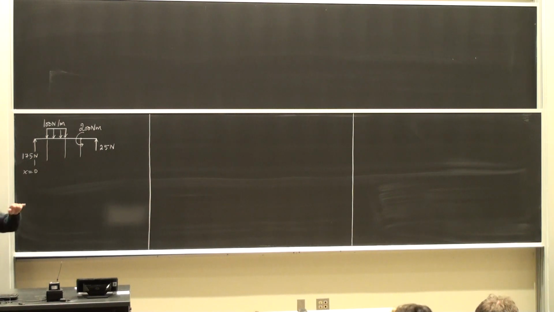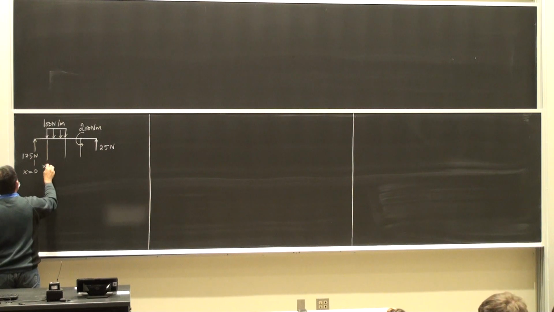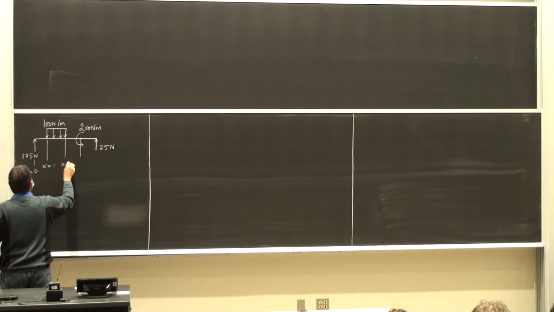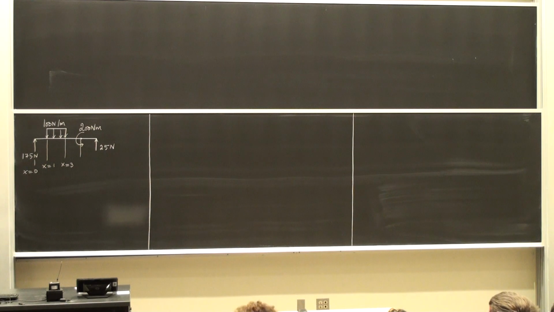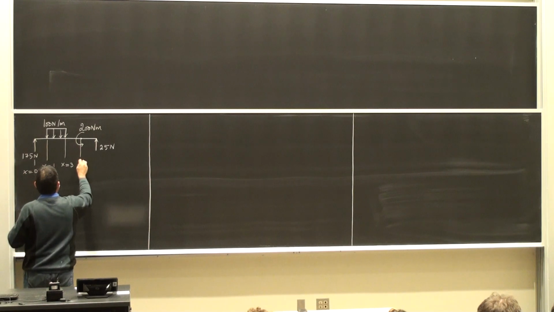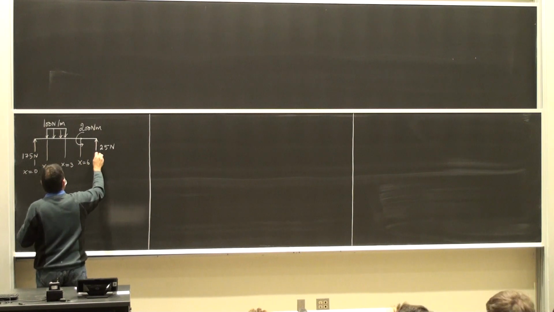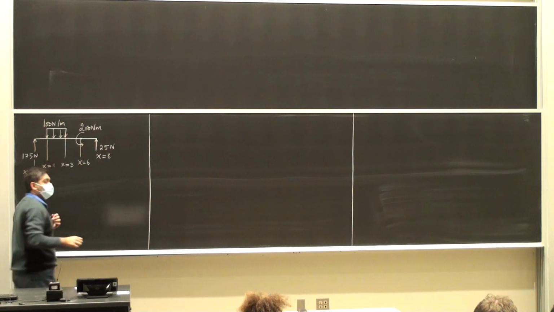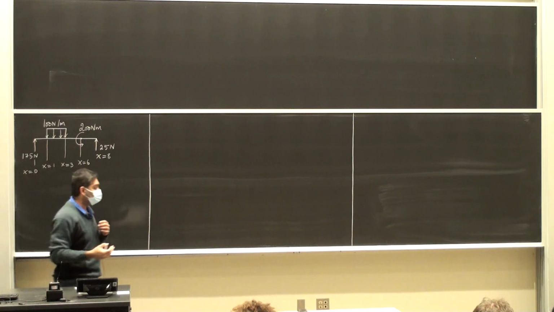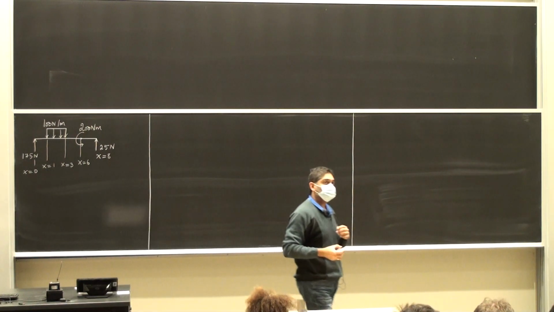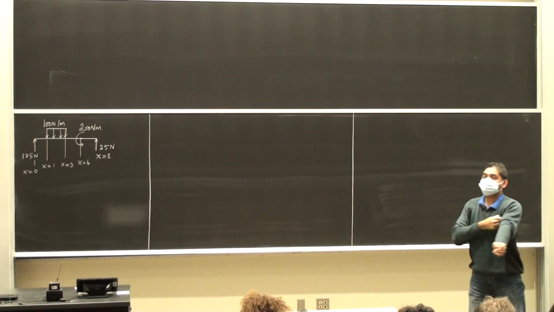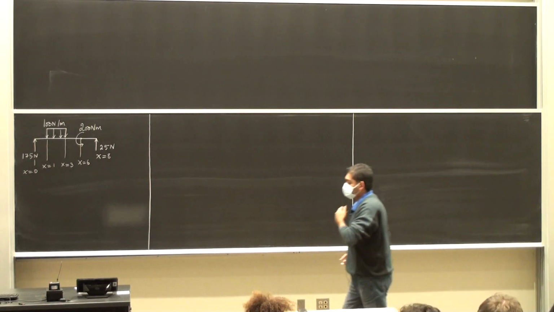X is equal to 0, all these distances are in meters, okay? X is 1, X is 3 meters, right at the end of the distributed load. Then I come to the couple moment, which is acting at X is equal to 6. And X is equal to 8 is the end of the beam. Okay? All of these are in meters. We were able to draw the shear force diagram for this particular setup as the following.